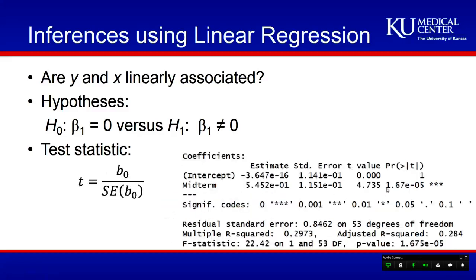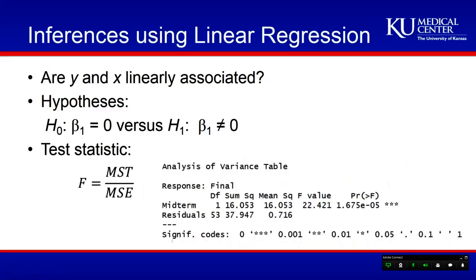The only time you would really prefer the t-test over the F-test is if you have a directional hypothesis. F is non-directional. F can't tell us whether the midterm is positively related to the final or negatively related.